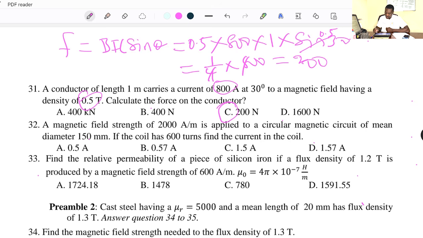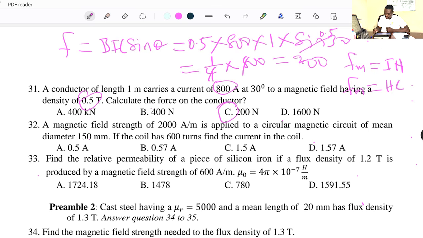So we know for the MMF, the formula is current times the number of turns, or there's also another formula for the MMF, the magnetomotive force, which is also equal to HL. We are interested in the current.